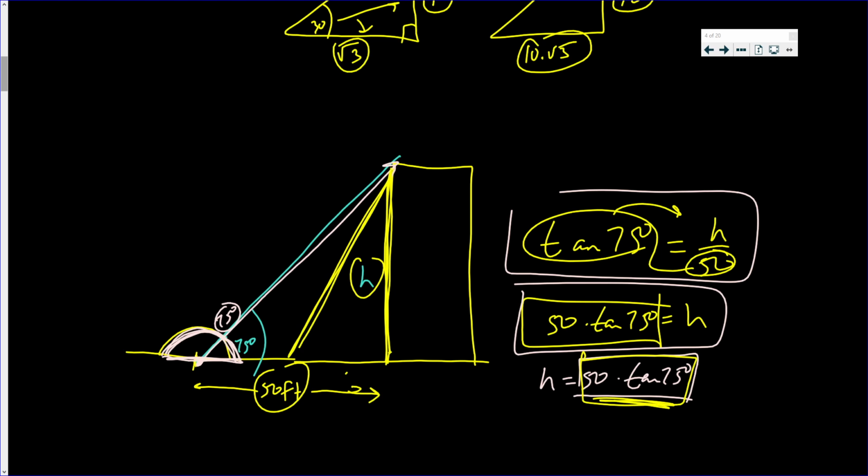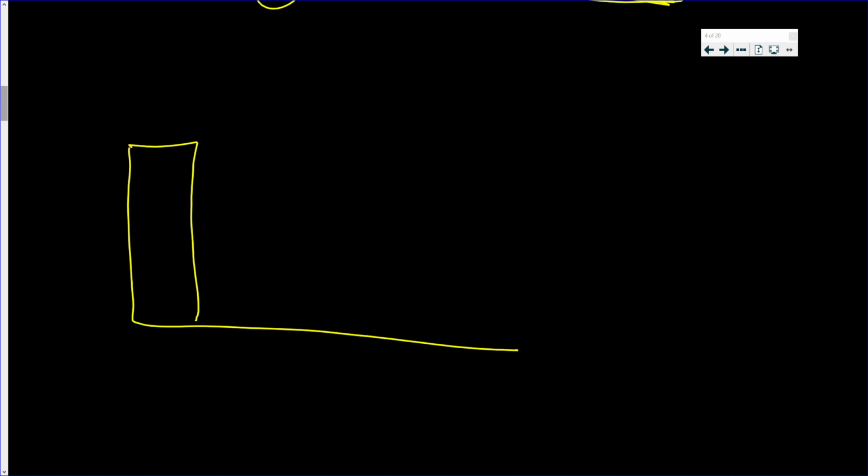Now, suppose the following. Here's a nice problem. This is the ground. You have one building, and you have another building. And you live right there on the third floor.